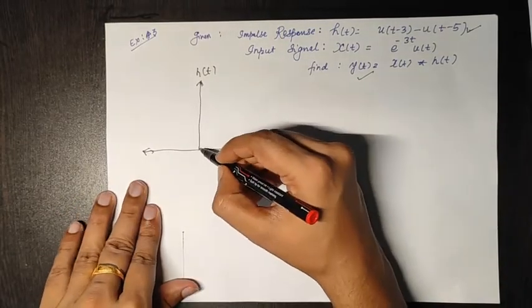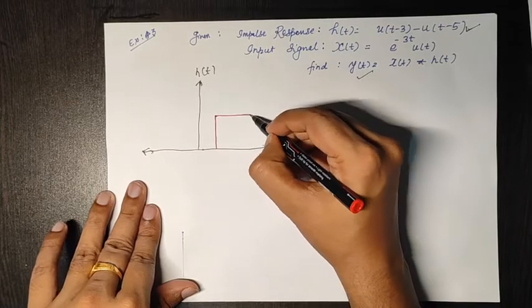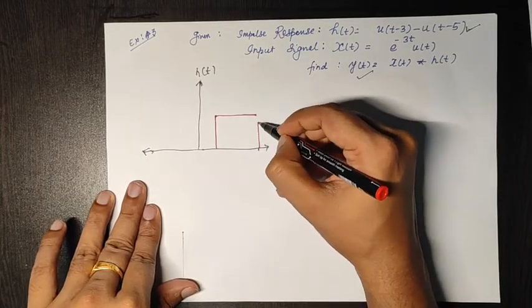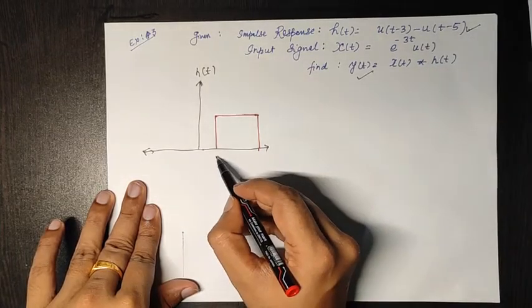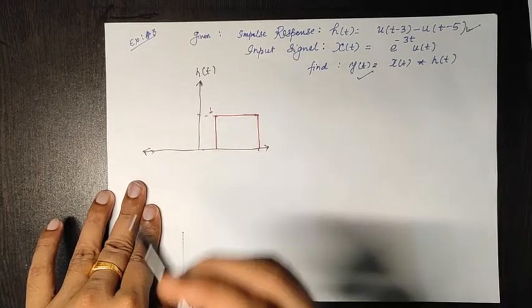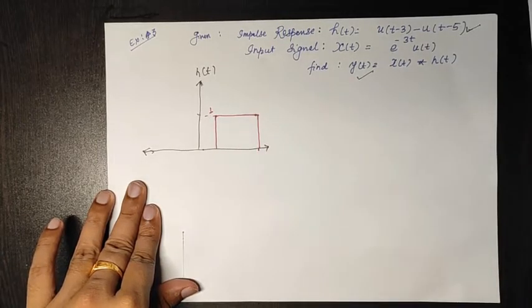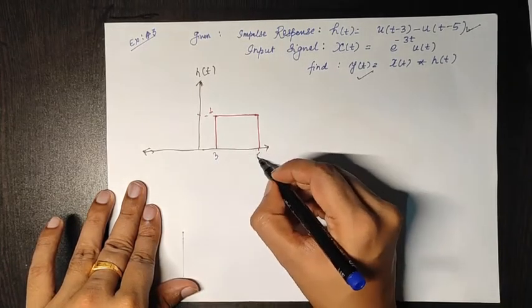So it will be u of t minus 3 to 5, and it is 1 unit, to 5.